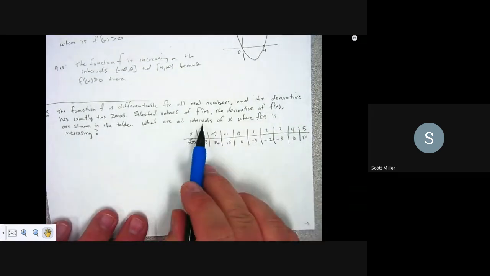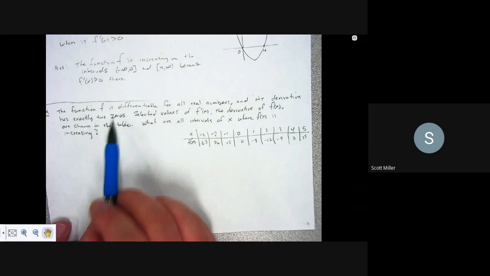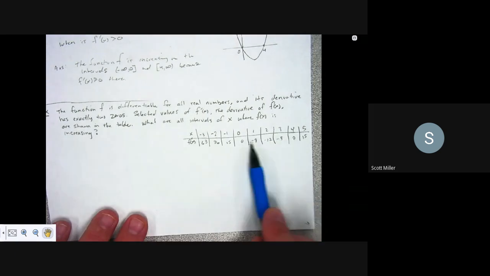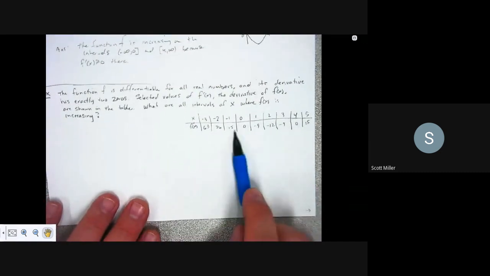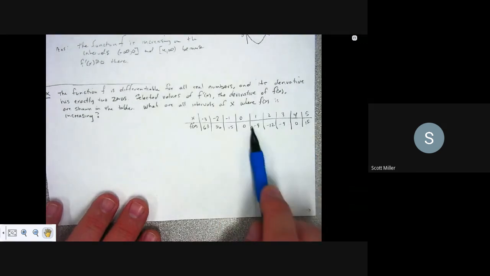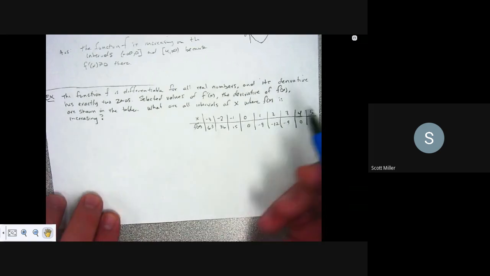What are the intervals of x where f of x is increasing? Well, since they told me I have exactly 2 zeros, and I can see the 2 zeros in here, you can see clearly that those are my boundary points, kind of like my number line up here. And so I can see that the y values are positive over here, but negative in between. It's the same thing again, so my answer is going to be exactly the same.